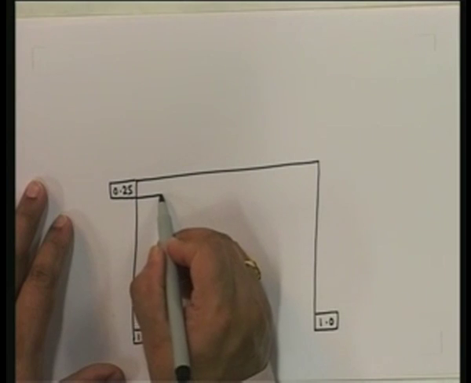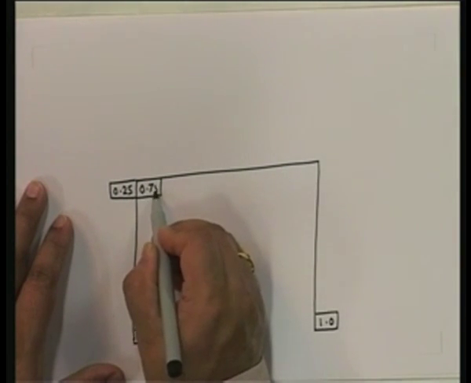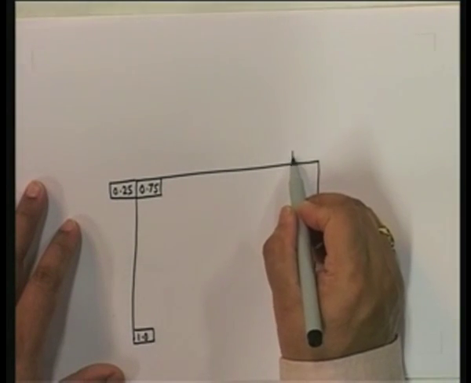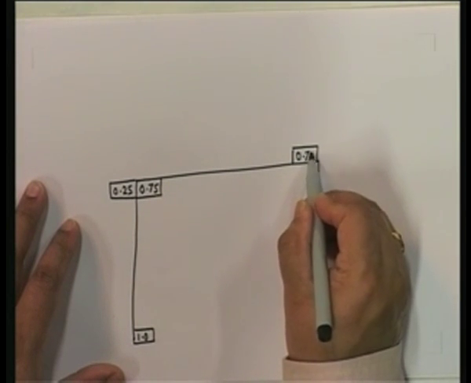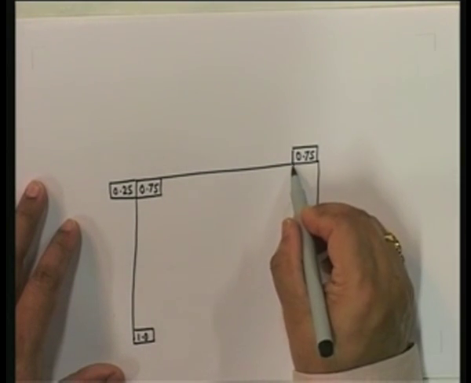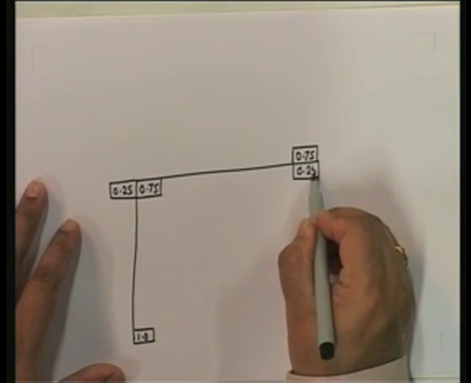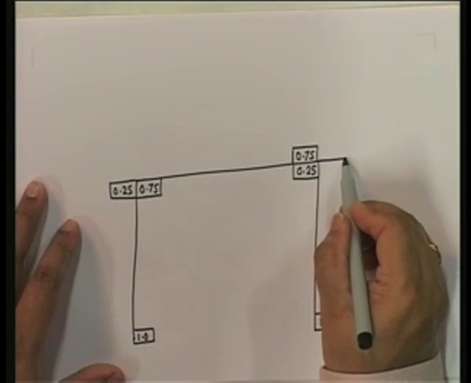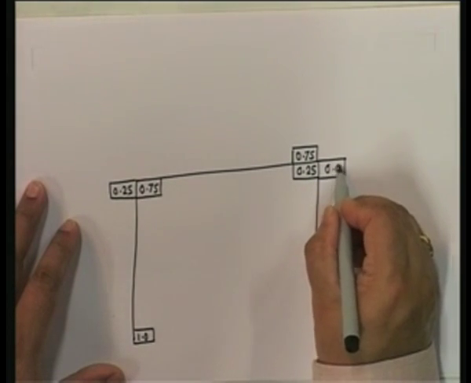For BC, this is 0.75. Here, again, this one is for CB, so it's 0.75. This is for CD, and ultimately I'm going to put this for CE, but this is going to be 0.0.